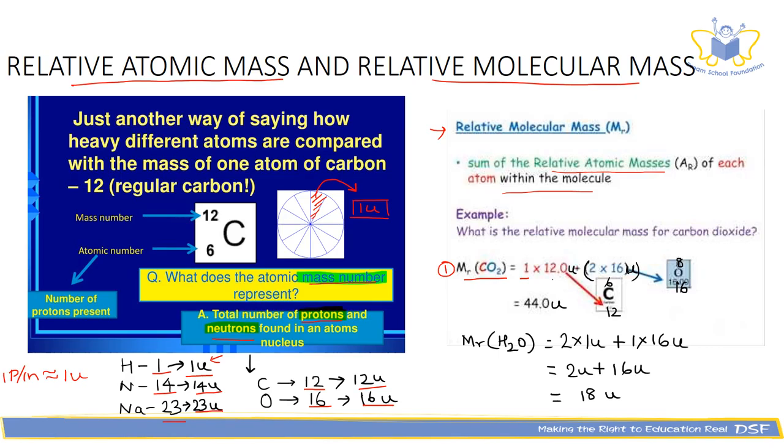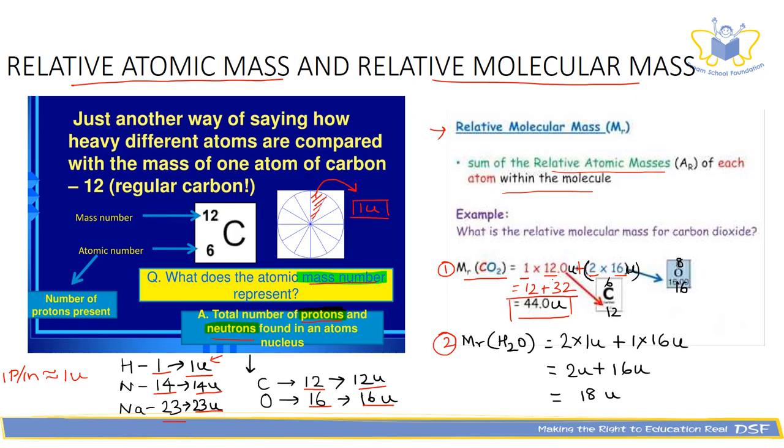There is one carbon and carbon's relative atomic mass is 12. So it is 1 into 12 plus you have 2 atoms of oxygen and oxygen's relative atomic mass is 16, so 2 into 16. So it is 12 plus 32, which is going to give you 44U.